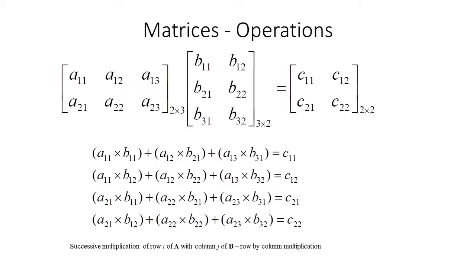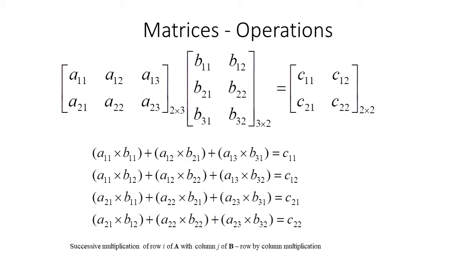The first matrix has A11, A12, A13. The second row is A21, A22, A23. The first column in the second matrix is B11, B21, B31 and the second column is B12, B22, B32. So its order is 3 cross 2.